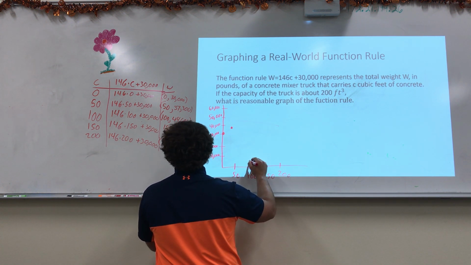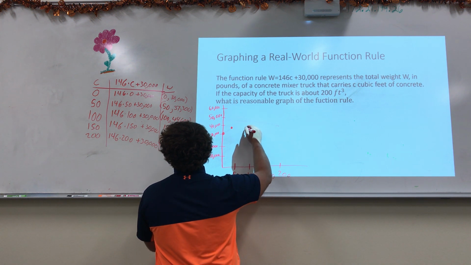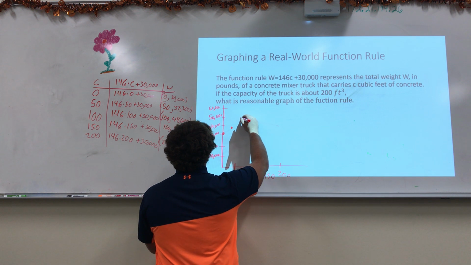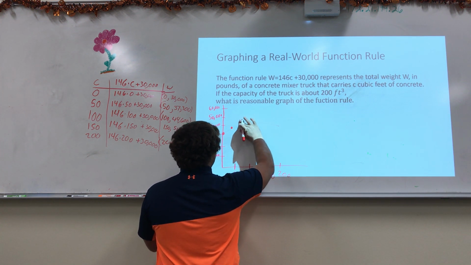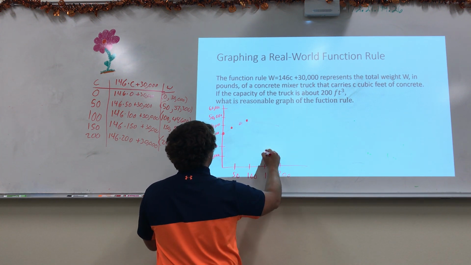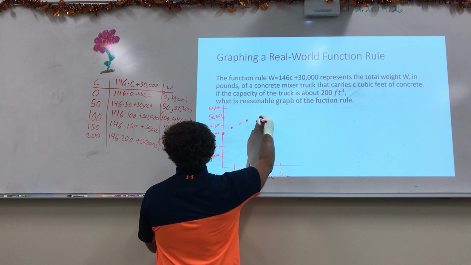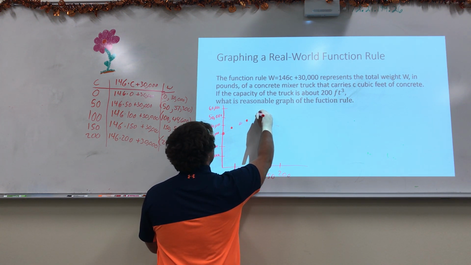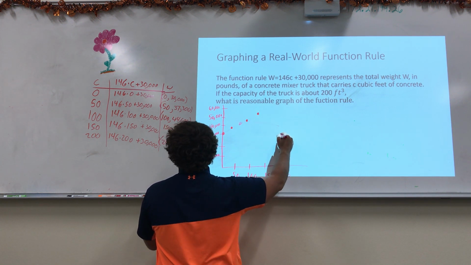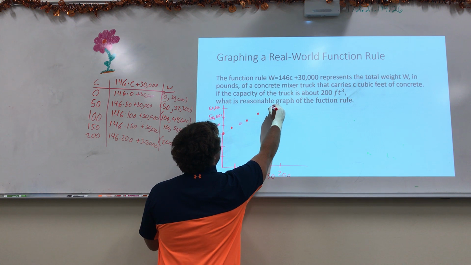After 100, we are about 44, about halfway through here. At 150, we are at 51,000, so just barely above here. And then 200, we are right under the 60,000.